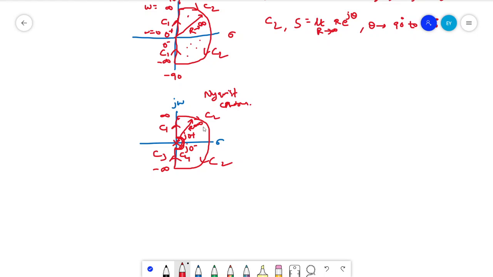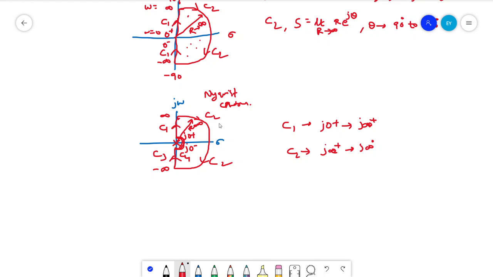So for this particular contour, if you are estimating C1, C2, C3 and C4, how they actually vary. Here, this particular C1 is varying from j0 plus to j infinity, and C2 will be varying from j infinity plus to j infinity minus.